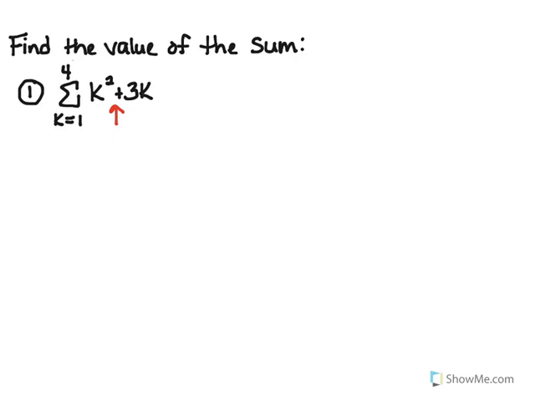So here's what I came up with. I start with the summation from k equals 1 to 4 of k squared, and I got an answer for that. The formula for k squared says do n times n plus 1 times 2n plus 1 all over 6.